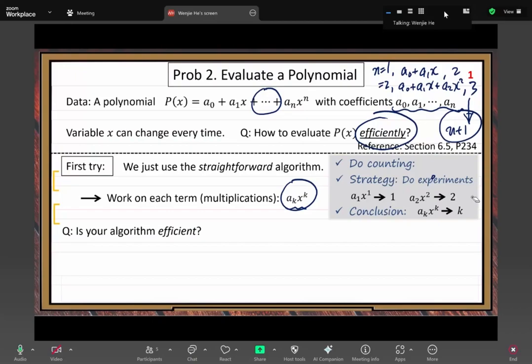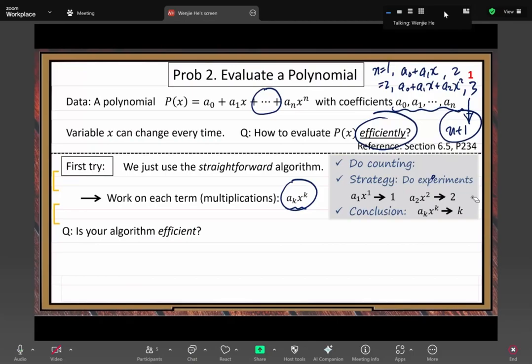We cannot compare. If we have more than one way to calculate a polynomial, then we can do a comparison: which one is more efficient, which one is less efficient. But here, we only know one way, so we do not know if it is efficient or not.